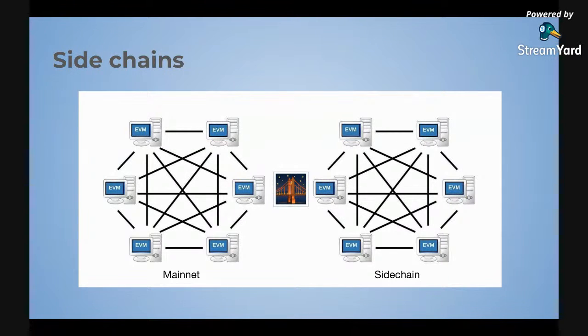The main characteristic of sidechains versus layer 2s is that they have their own security. Essentially, why mainnet Ethereum is so amazing is that it's got extremely high security.